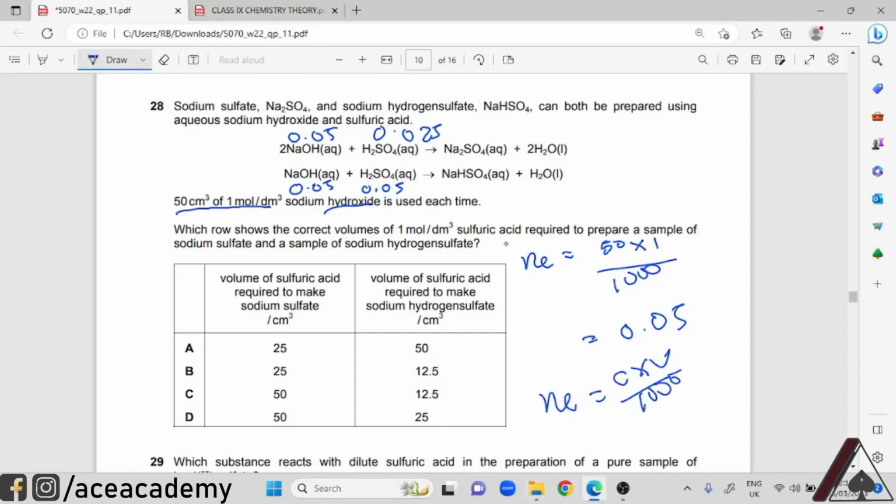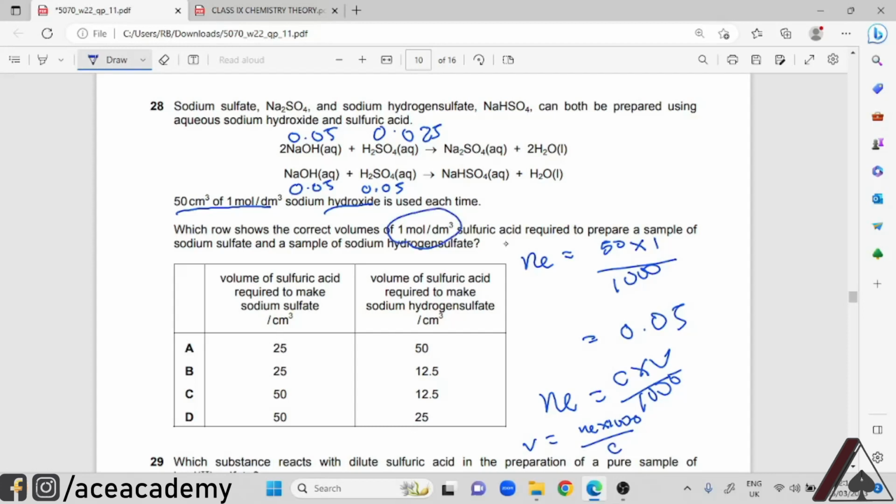From this equation, if we derive the formula for volume, we will get something like this: moles multiplied by 1000 divided by concentration. And if we apply this formula, we will see that for equation number 1 we get 0.025 multiplied by 1000 divided by the concentration, which is given over here, which is 1.